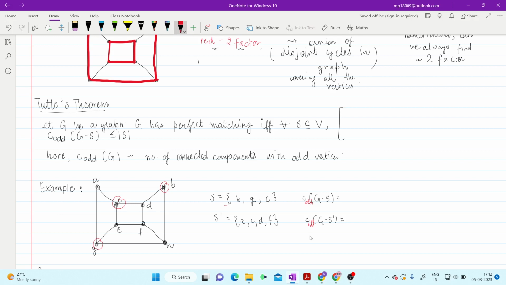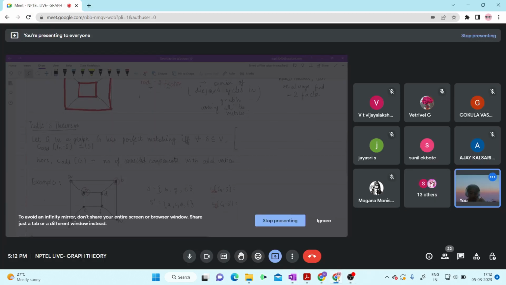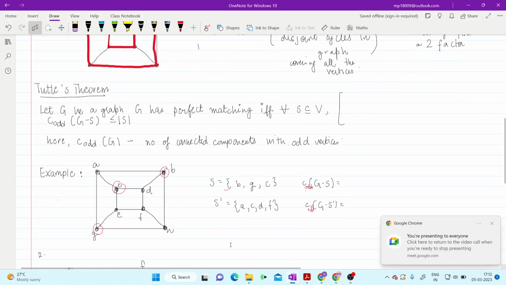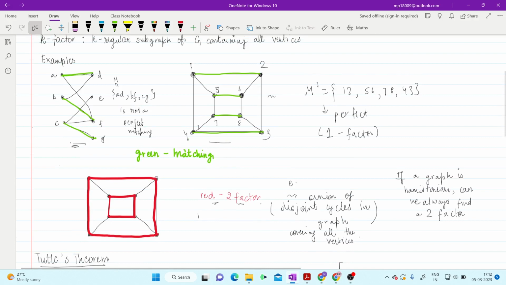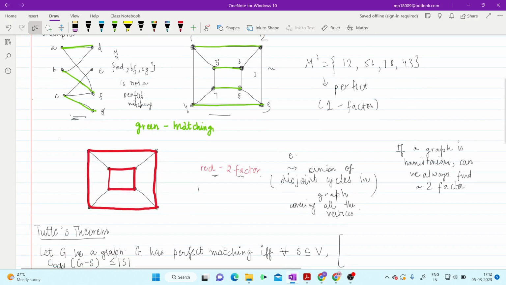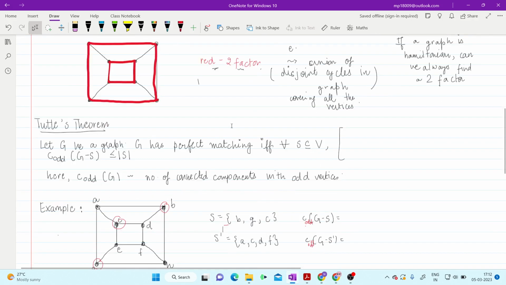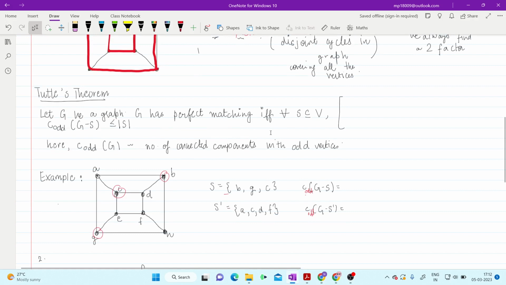Did you understand the question? Basically, for this particular example, we have earlier shown that this graph has a perfect matching, and Tutte's theorem says that G has a perfect matching if and only if, for any subset of vertices, the number of odd connected components after removal of those vertices is less than or equal to the number of vertices that have been removed.